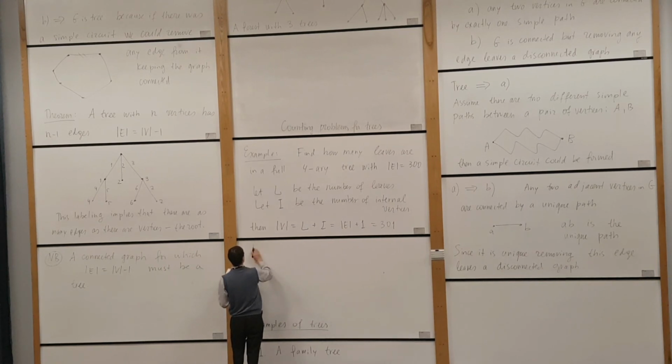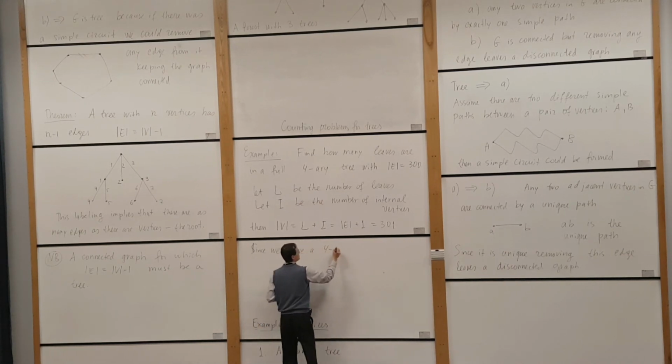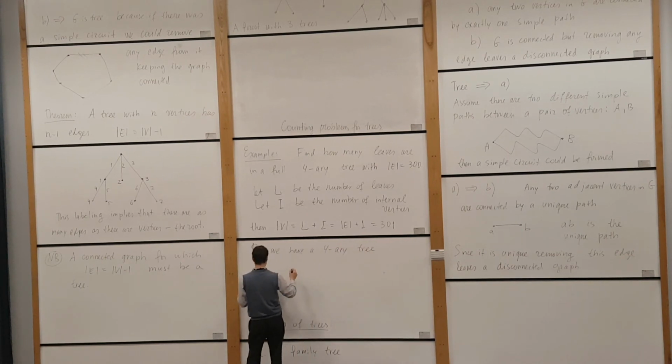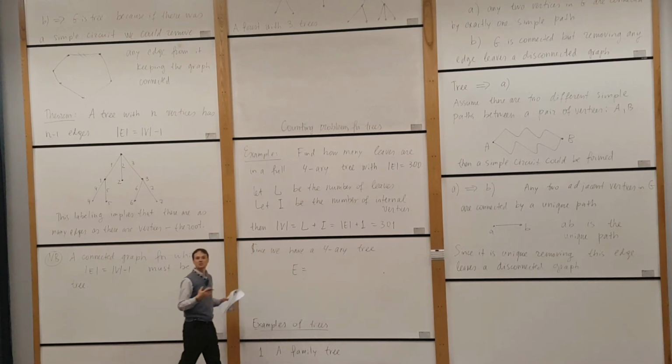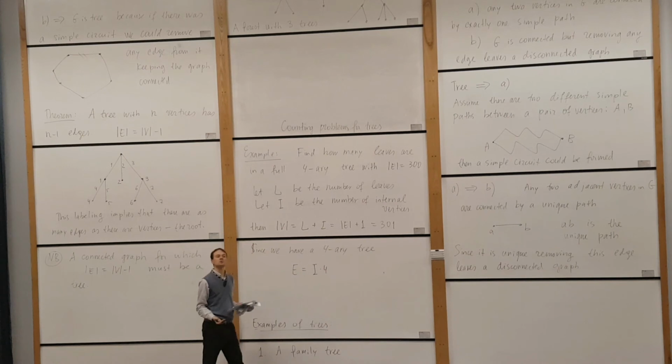So since we have a quaternary tree, the number of edges is the number of internal vertices times 4, because each internal vertex has 4 children.